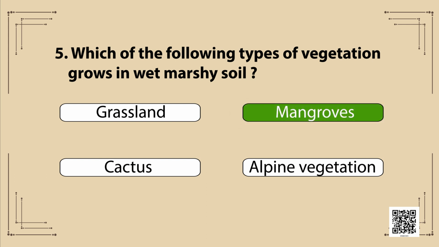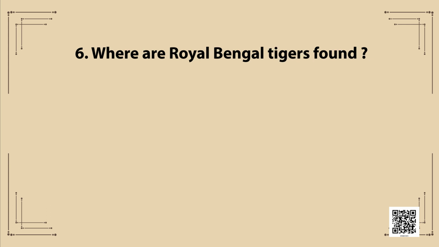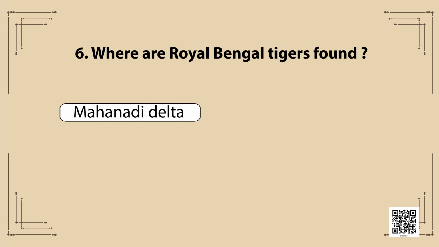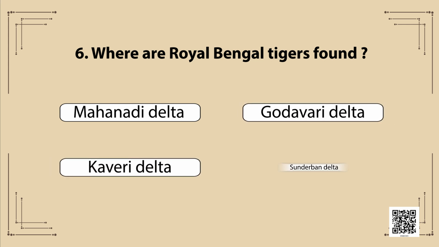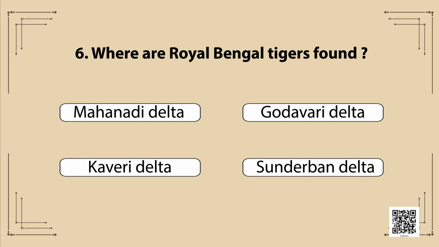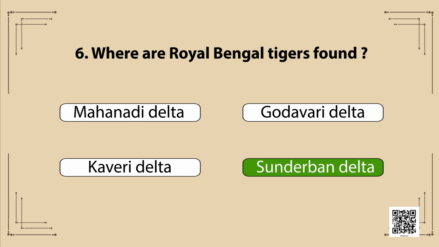Very good. Let's move on to the next question. Where are Royal Bengal tigers found? The options are Mahanadi Delta, Godavari Delta, Kaveri Delta or Sundarban Delta. And the correct option is, yes, Sundarban Delta.